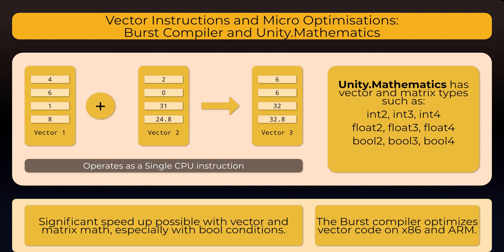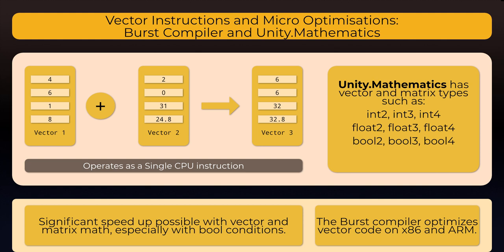And the reason why this works together is because they're using value types, and Unity.Mathematics has been produced in such a way to exploit vector instructions in CPUs. So for instance, the Burst compiler will know how to optimize Unity.Mathematics, and Unity.Mathematics will provide the operations for vector addition, multiply, subtract, and so forth.